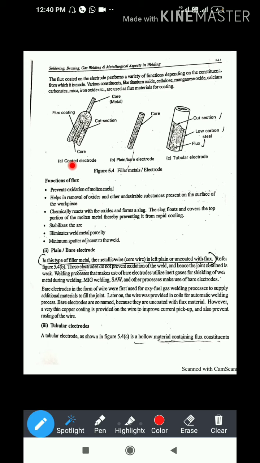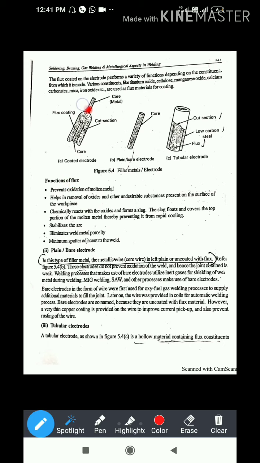When the core metal comes in contact with the workpiece, the arc is generated. Once the heat is generated, it starts to melt the flux coated on this metal. When the flux starts to melt, it starts to release smoke or gas. That gas shelters or covers the arc. This is the important thing, keep it in your mind.